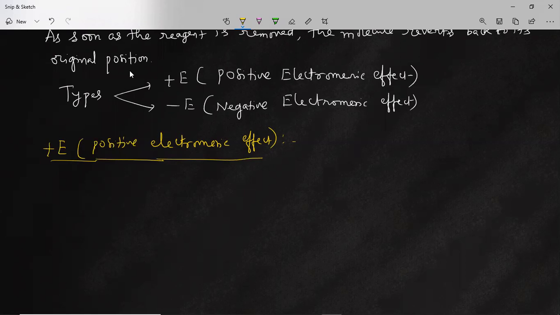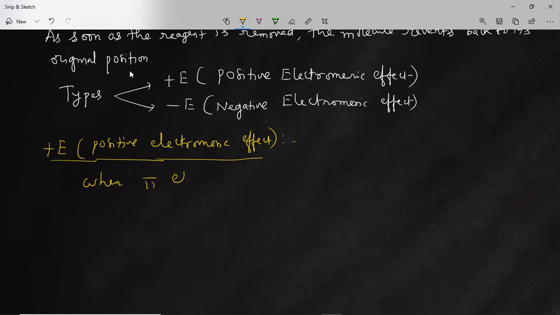See, we have discussed that pi electrons are important in the electromeric effect. What happens when pi electron transfer takes place between the carbon atoms? That is denoted by positive effect. That means, what is positive electromeric effect?